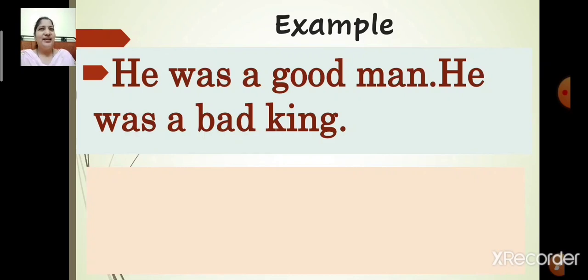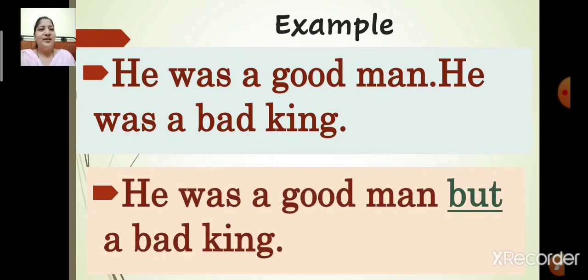At the same time, he was a bad king, which means I am describing him using two different ideas or contrast ideas. So children, how do I combine these two sentences using but? I could simply say he was a good man but a bad king.